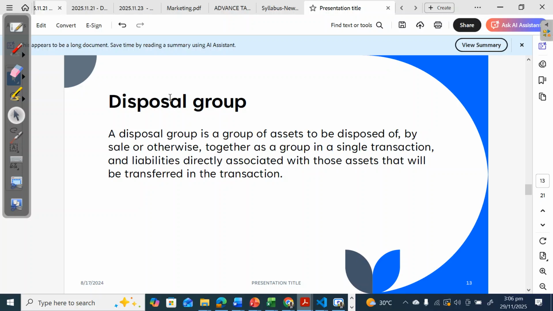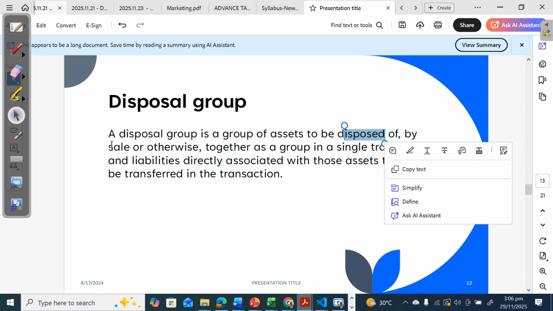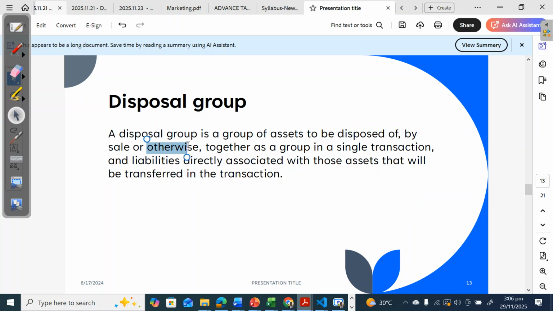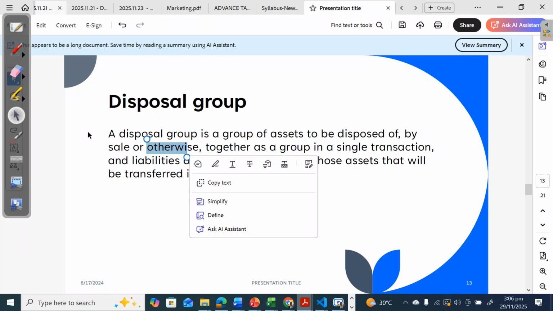So let's look at a disposal group. A disposal group refers to a group of assets to be disposed of, like the example I gave, a branch. A company has a branch with assets in it. If the company wants to sell the whole branch, the branch becomes a disposal group. It is a group of assets to be disposed of, either by sale or otherwise, maybe by exchange.